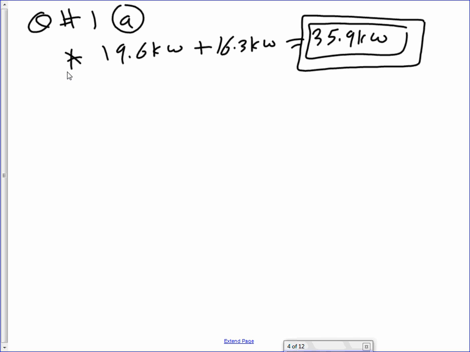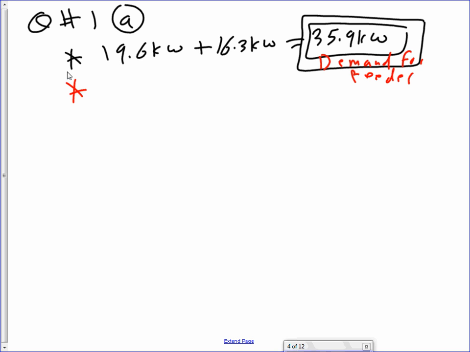Now we're still sizing A, guys. This is question number 1A. A is the feeder. We're still sizing the feeder, remember. So now we've got your demand. This is my demand for the feeder, the total demand for the whole feeder.